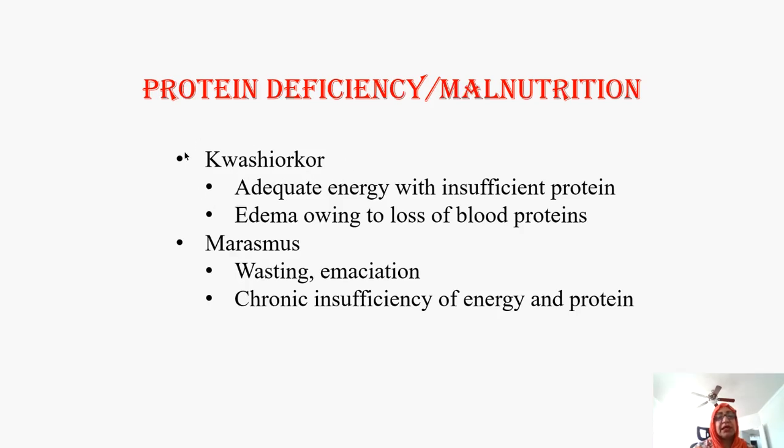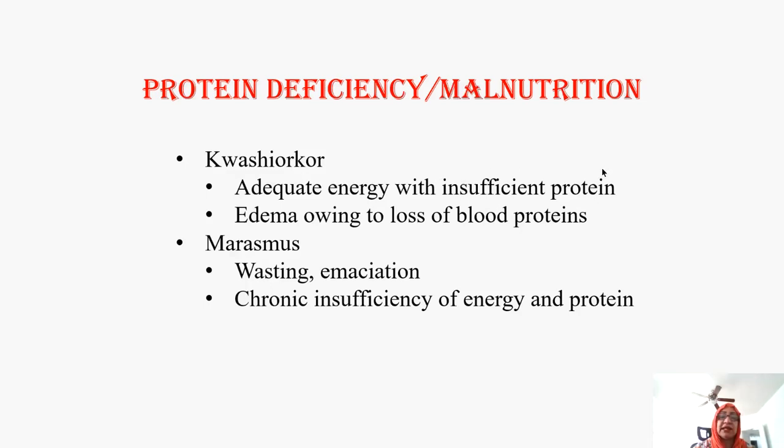Kwashiorkor is a condition where those individuals are able to get enough energy. What do we mean by enough energy? We mean that they should be able to get enough carbohydrates, enough lipids, but insufficient proteins. Okay, so either the quantity or quality, but mostly here the quantity.